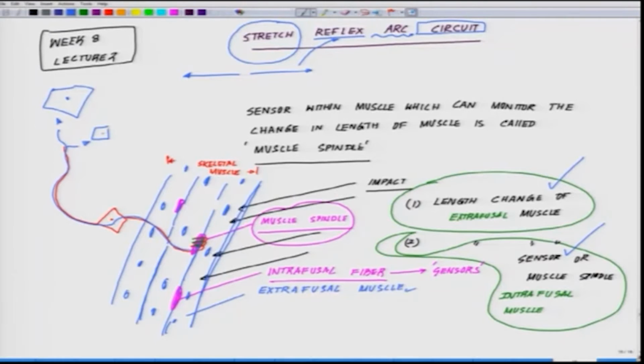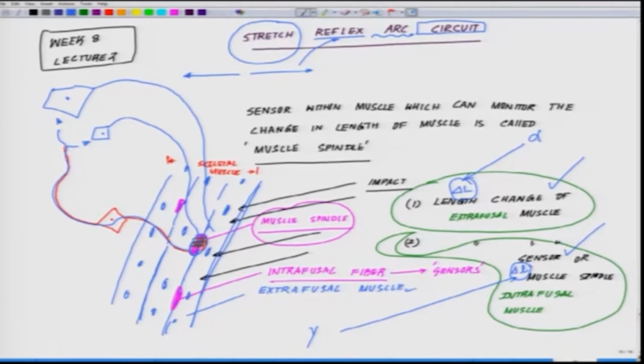One is a small one, the gamma motor neuron. The gamma motor neuron brings a signal telling this spindle to regain its size, whereas the alpha comes to the surrounding extrafusal muscle and asks it to change in length. So, any delta L change here or any delta small l change here: this one is taken care of by gamma, this one is taken care of by alpha.